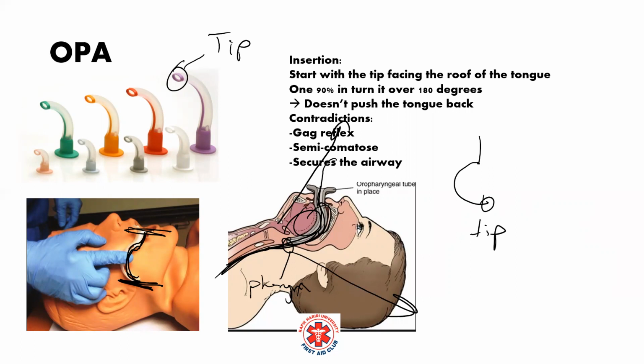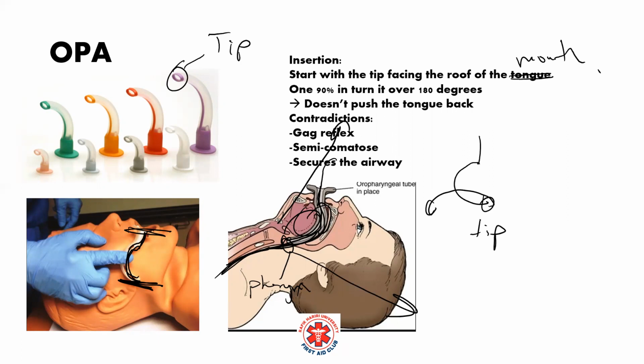It's not supposed to be the tongue, it's supposed to be the mouth. Okay. Then a 180-degree turn to turn it over. So it's going to go like that, then it's going to twist over as we push it in and twist it over so that it turns into this way.